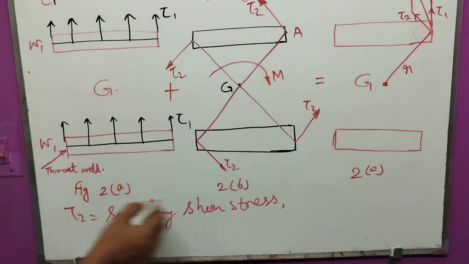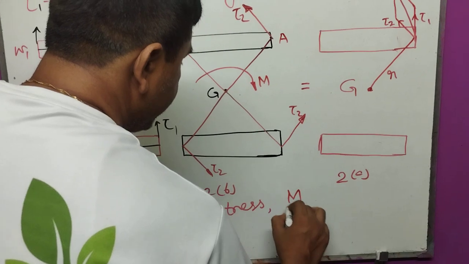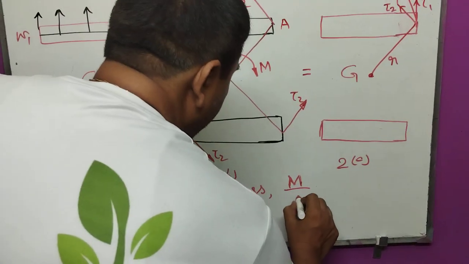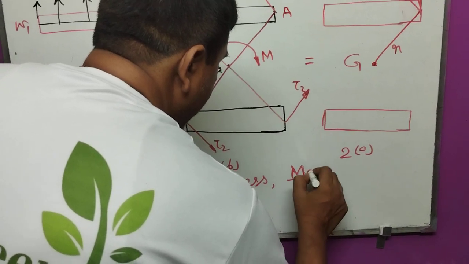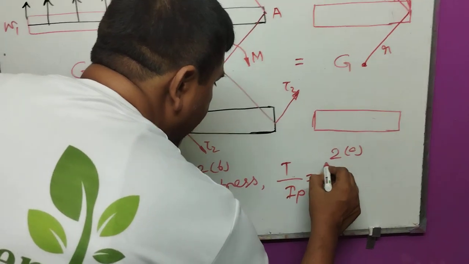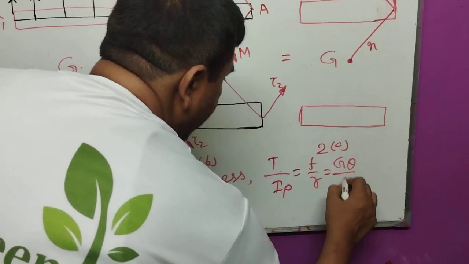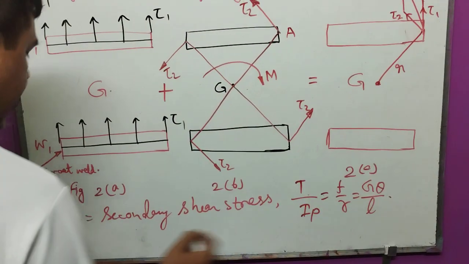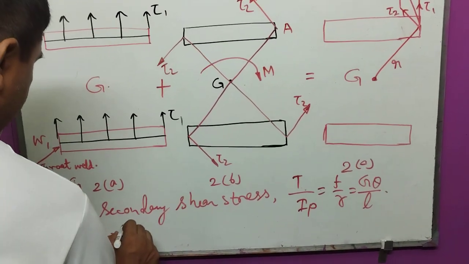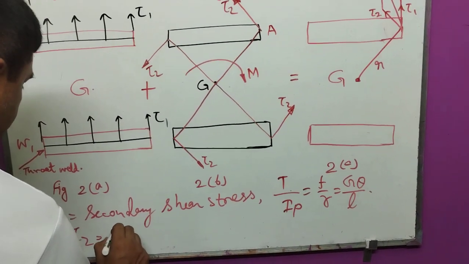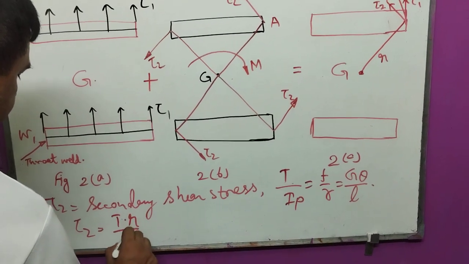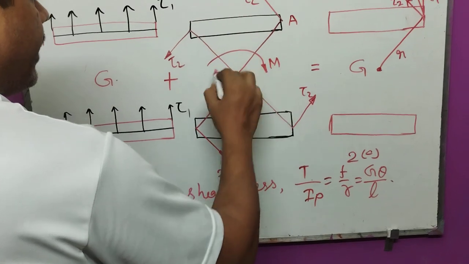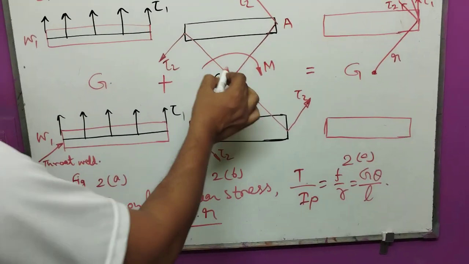Which formula gives the secondary shear stress? We use the torque equation T by IP equals Fs by R equals G theta by L. Applying this equation, the secondary shear stress tau 2 equals T into R by J, where J is the polar moment of inertia IP, and T is here M, the torque moment, into R, the radius, which is the maximum distance.